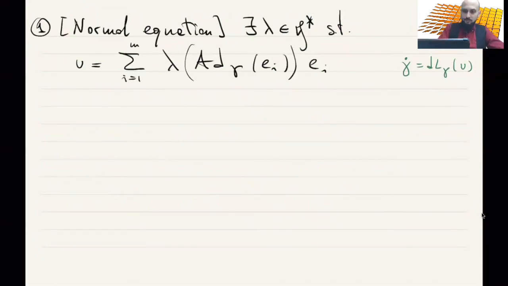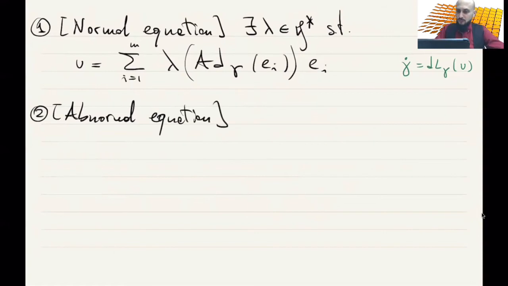What is the abnormal, and then there is also the abnormal equation. Don't make the mistake of thinking that they are exclusive. For a given lambda, at most one of the equations is true, but a curve might satisfy the normal equation for some lambda, and the abnormal equation for another lambda.